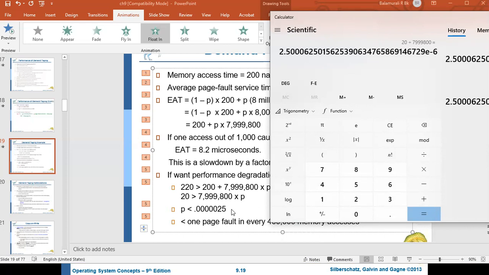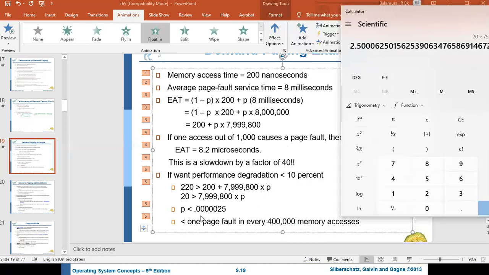Okay, so it means the page fault rate, the value of P, should be this much. What does it mean? The value of P should be less than 0.0000025.